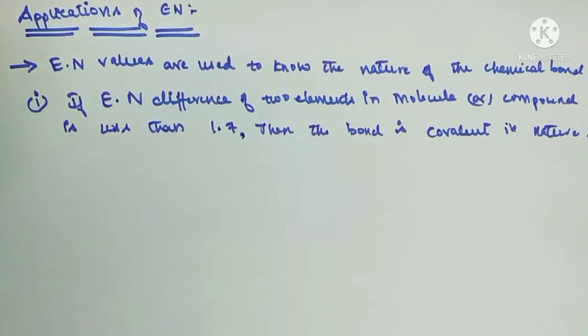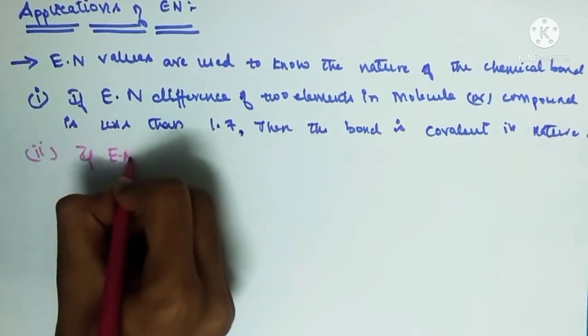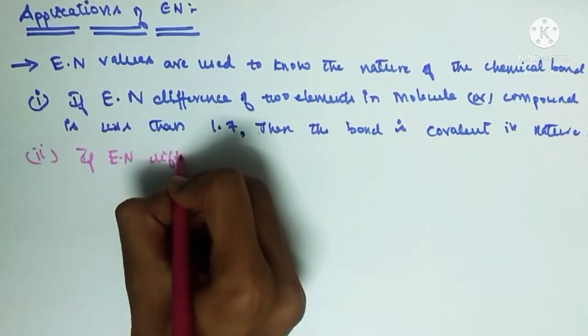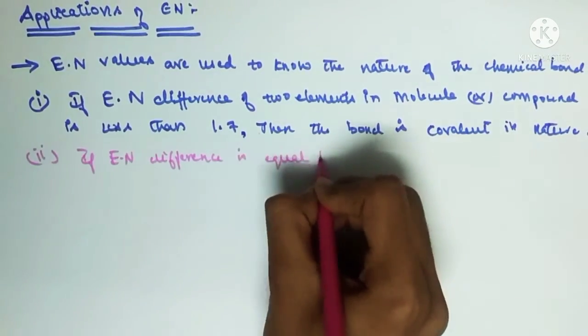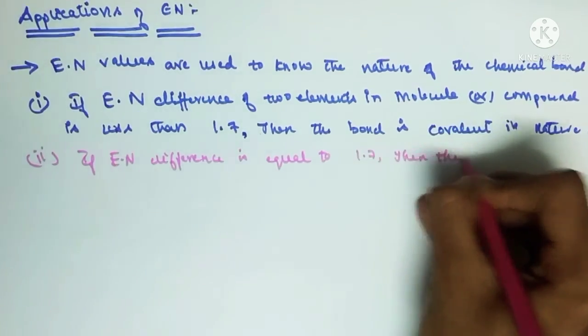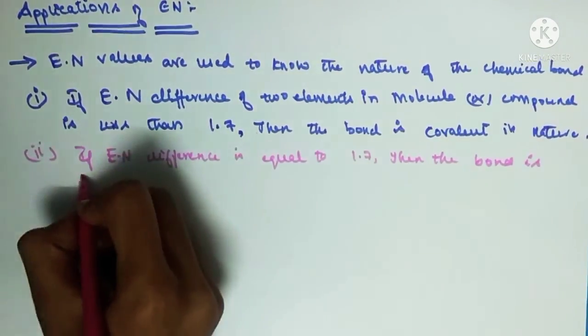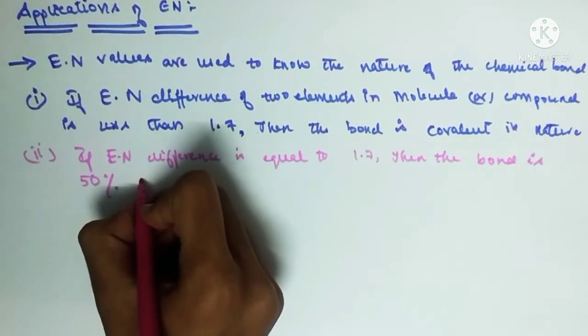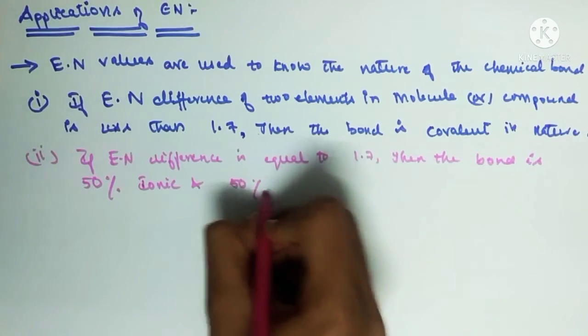If the electronegativity difference is equal to 1.7, then the bond is 50% ionic and 50% covalent.